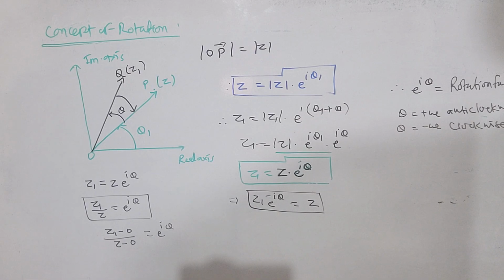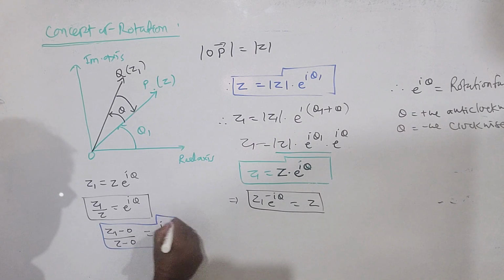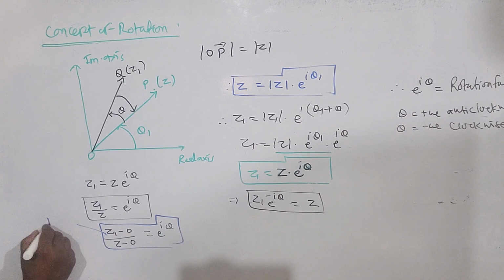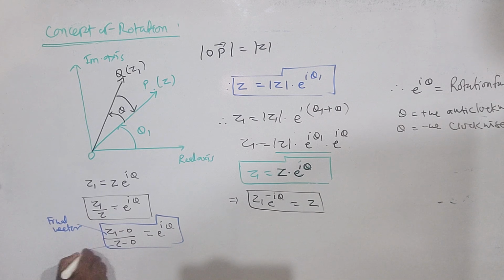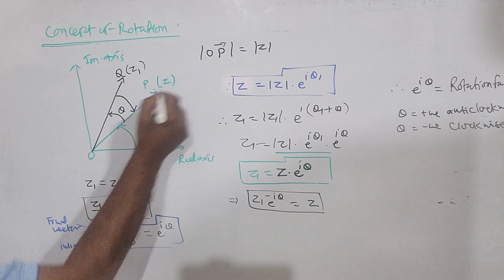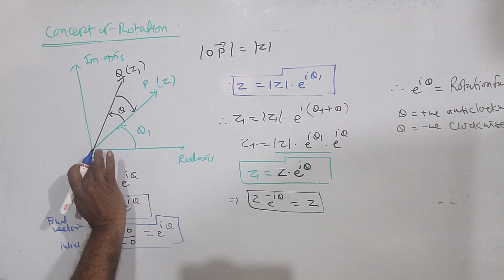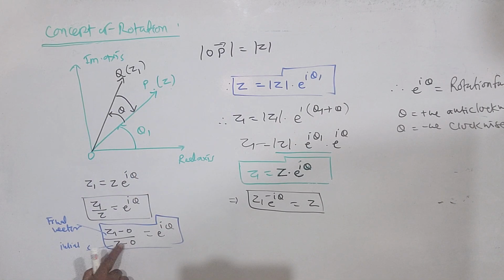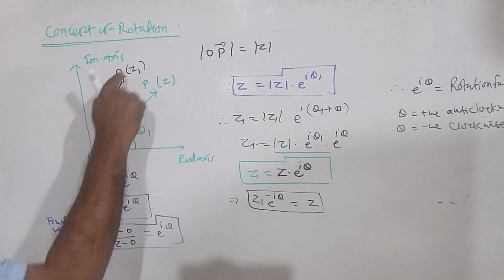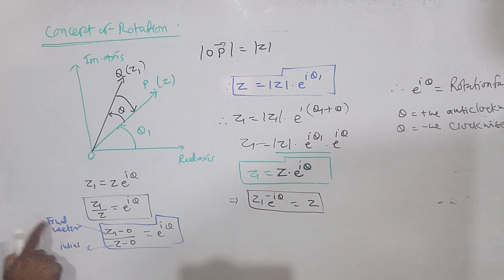Look here, Z1 minus 0 represents a vector which is the final vector, and Z minus 0 represents the initial vector.